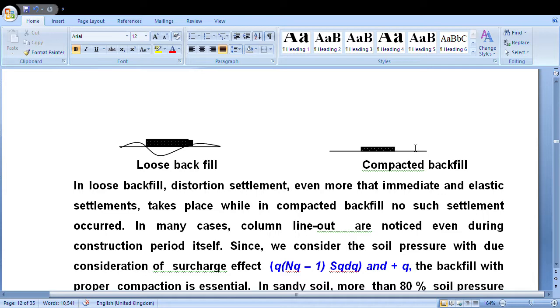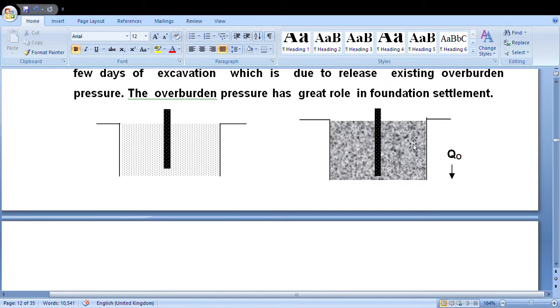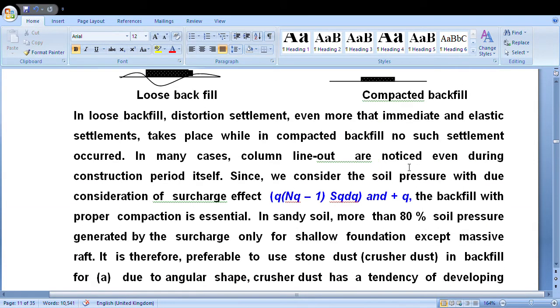Another important aspect: during estimation of soil pressure, especially in sandy soil, the surcharge component is much more, and the only governing factor.